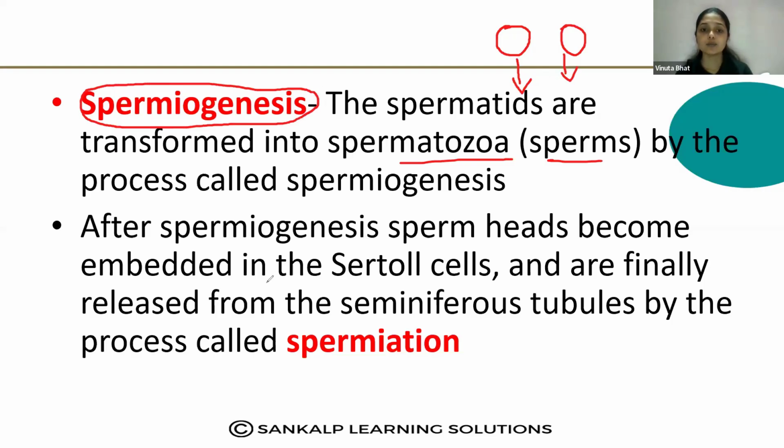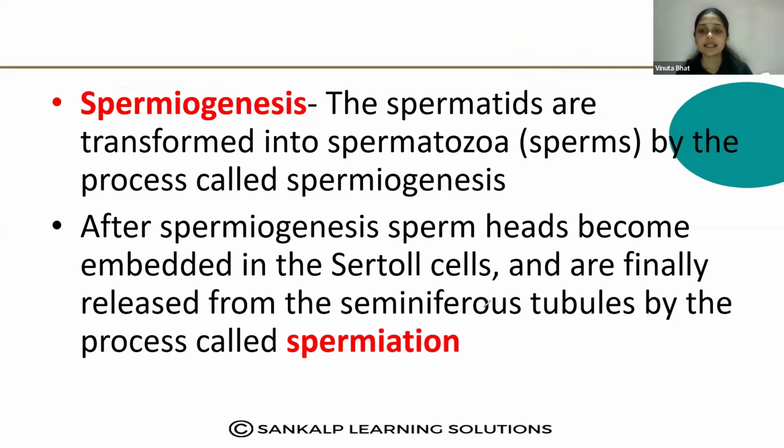Then one more process, that is spermiation. What is spermiation? Spermiation is the release of the sperms. The sperm heads become embedded in the Sertoli cells and are finally released from the seminiferous tubules.